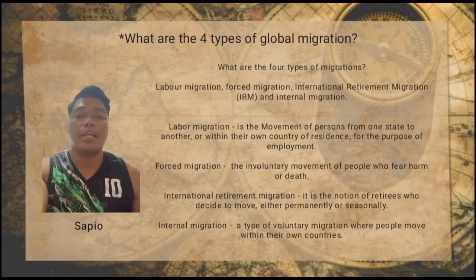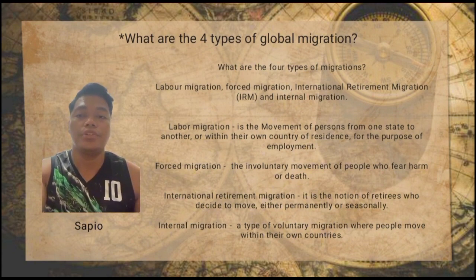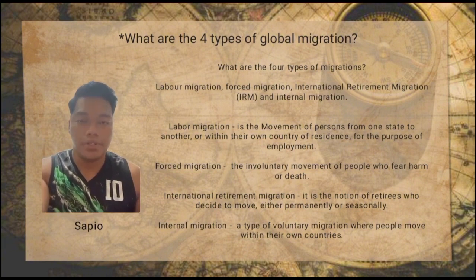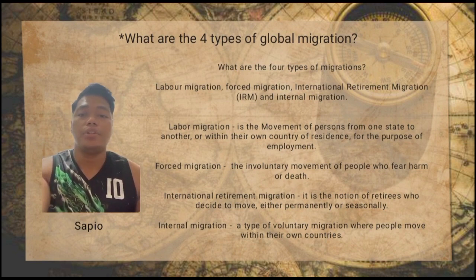The four main types of migration are labor migration, forced migration, international retirement migration, and internal migration. Labor migration is the movement of persons from one state to another, or within their own country of residence, for the purpose of employment.